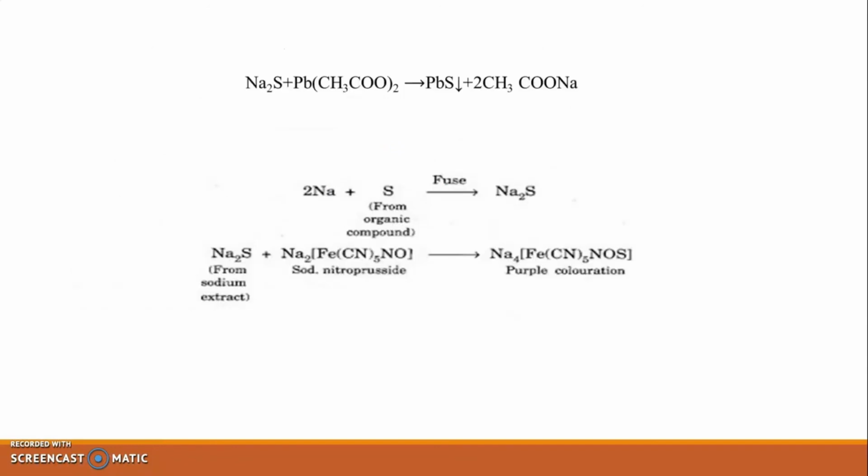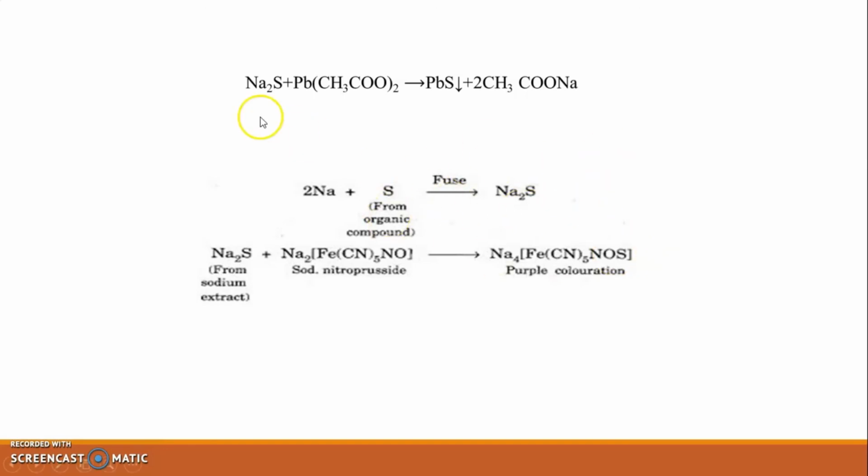And further for sulfur detection, the sodium reacts with the sulfur from the organic compound, which is fused, to form sodium sulfide, and when the sodium fusion extract contains sodium sulfide, it reacts with lead acetate to form lead sulfide, which is blackish in color.